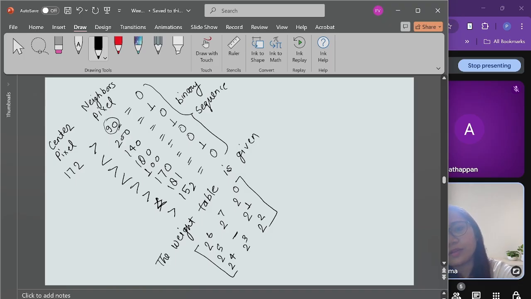Okay, for the binary sequence, we have to calculate the corresponding weight.